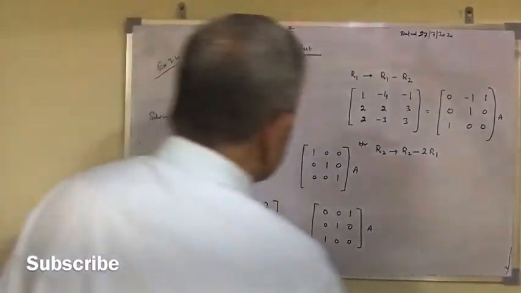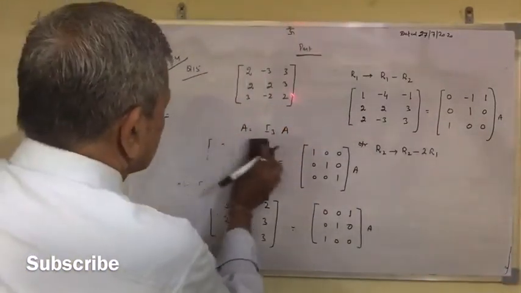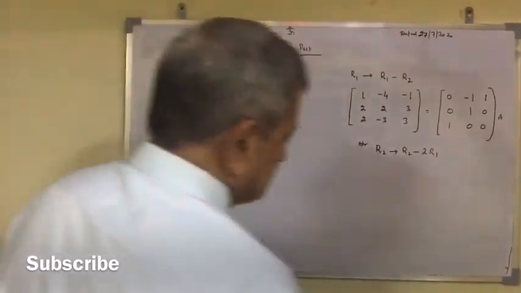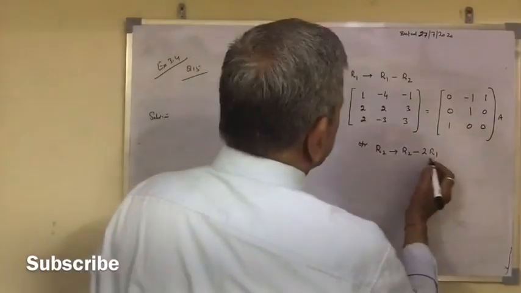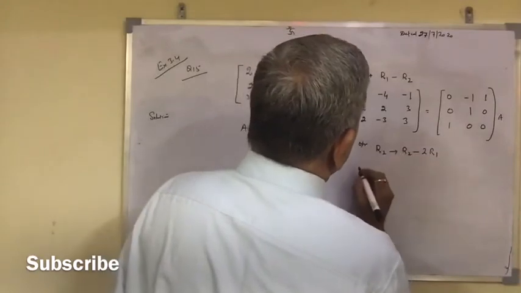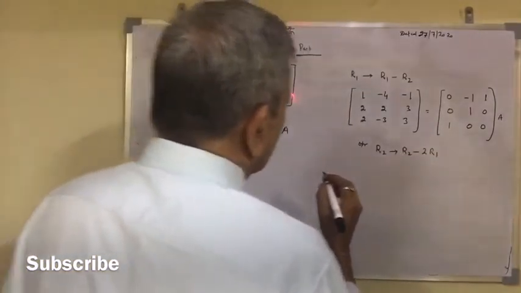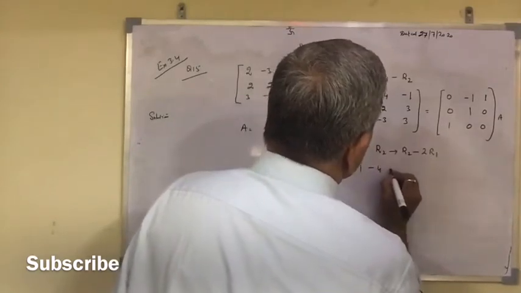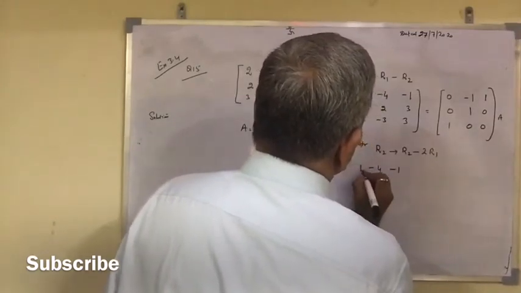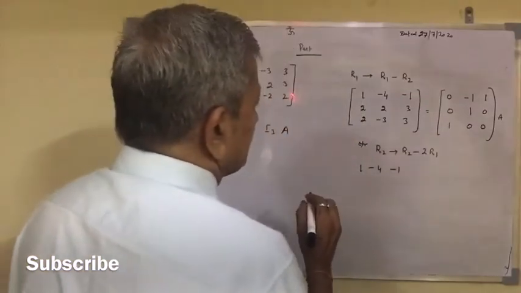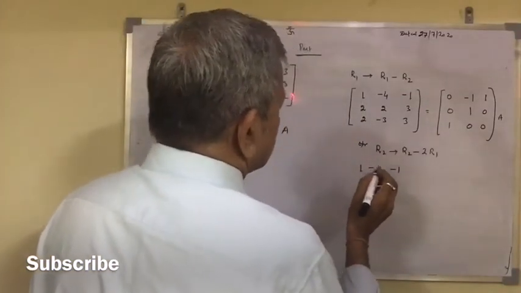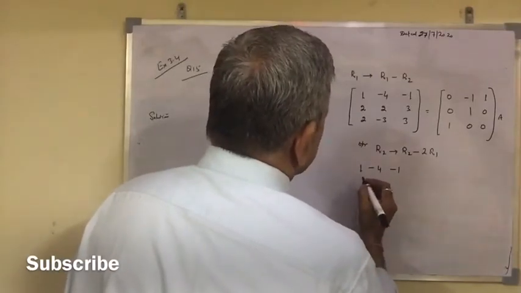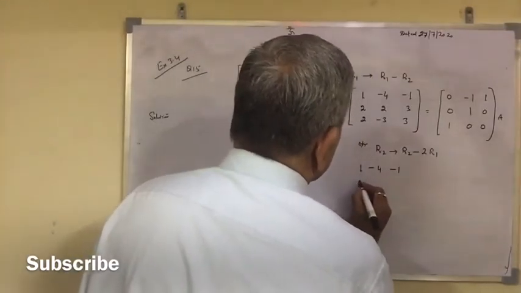See what we get here. We go through R2 minus 2 of R1. So I'll go on with the R2 operation. 1 minus 4 is as it is, minus 1 is as it is, and for R2 minus 2 of R1, you would get 2 minus 2 of R1, which gives you 0 here.